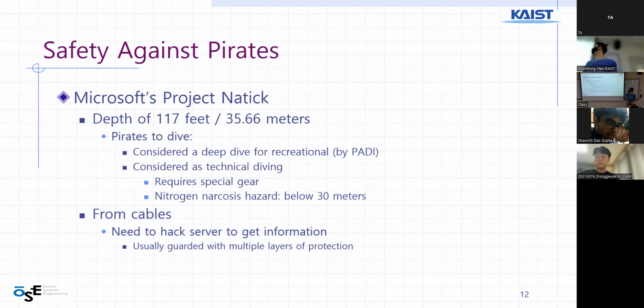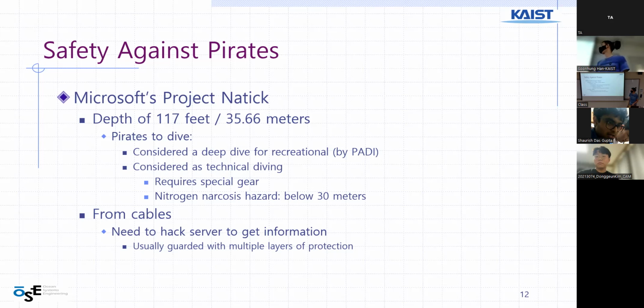The maximum for a recreational dive is 30 meters, so it requires special gear. And there is also the hazard of nitrogen narcosis when diving below 30 meters.